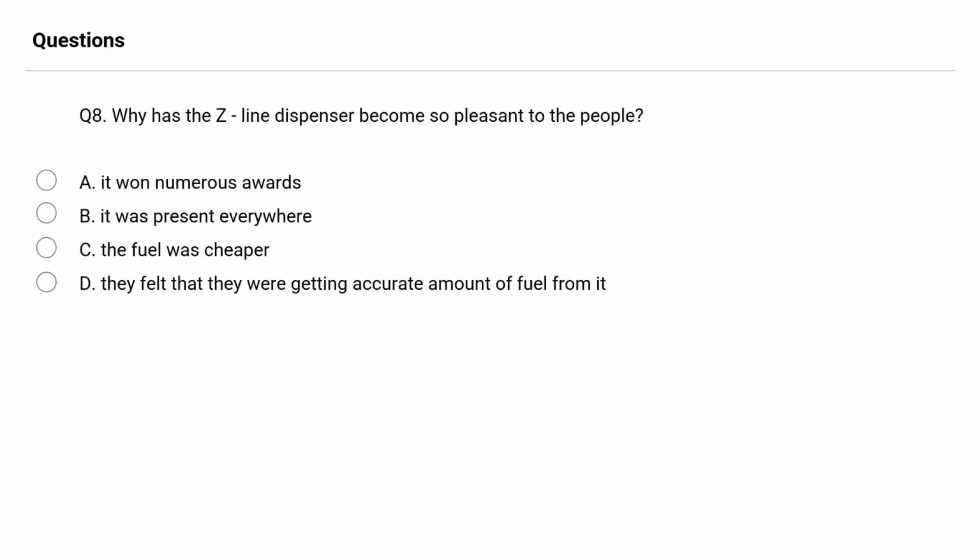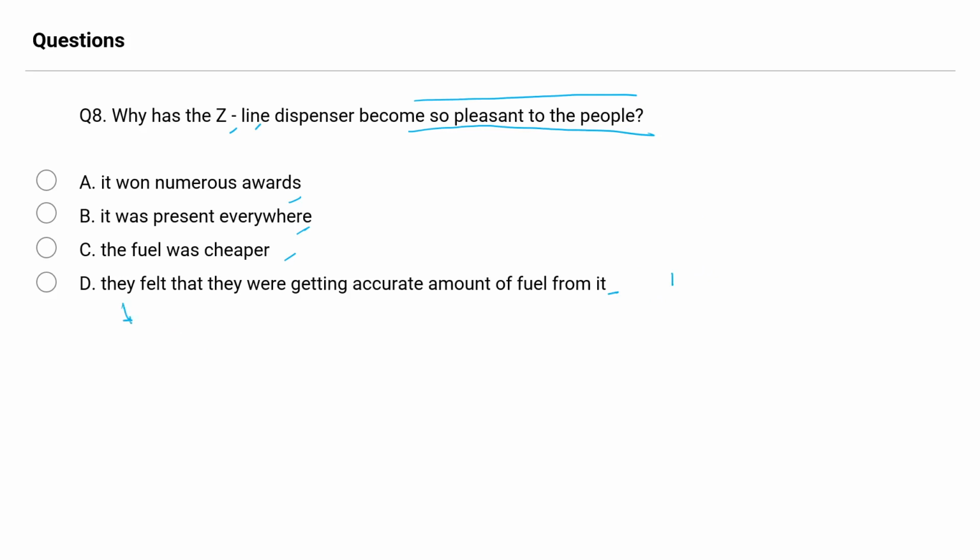All right. Why has the Z line dispenser become so pleasant to the people? So we are again talking about that era when the Z line was rolled out. All right. So during that time, why did it become so pleasant to the people? It had won numerous awards. It was present everywhere. Fuel was cheaper, and they felt that they were getting accurate amount of fuel from it.